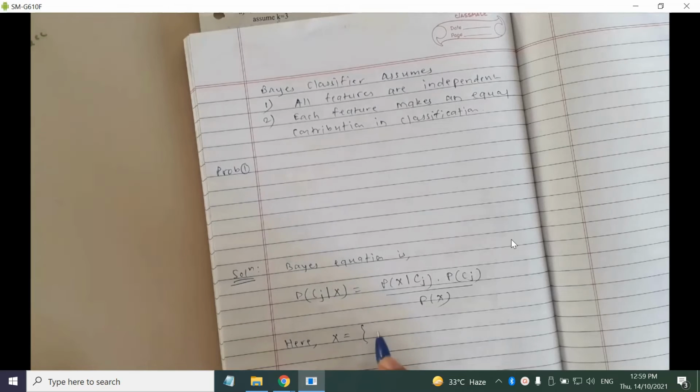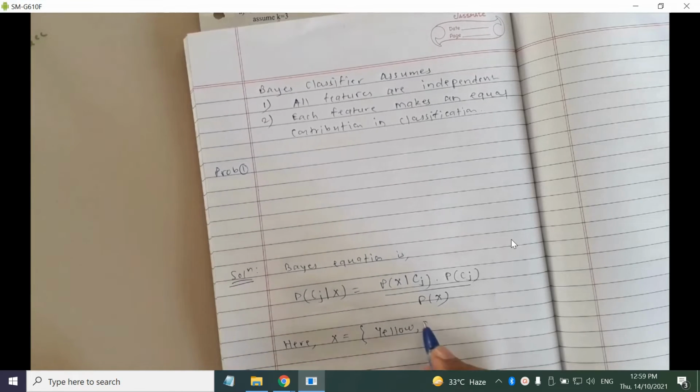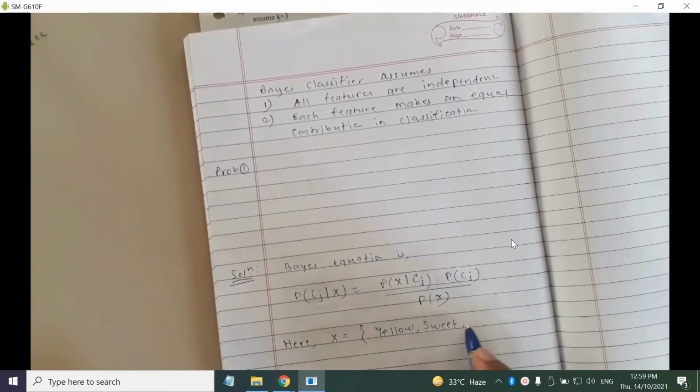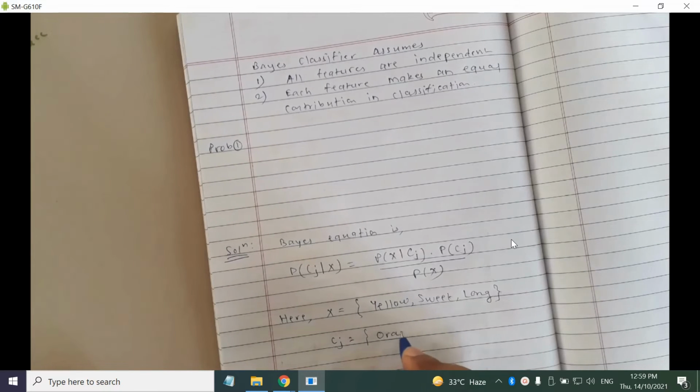Here x equals our given sample: yellow, sweet and long. This is my x. My Cj is my class labels. So they are orange, banana and other.